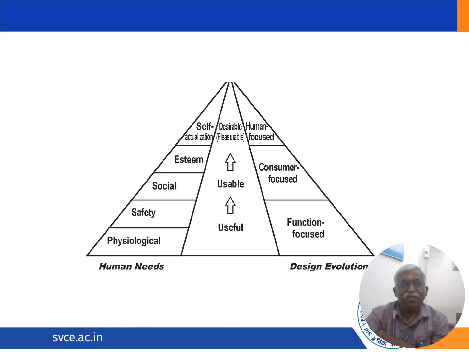Now we have human needs. Here we have a design evaluation. The human needs, based on the motivation theory, are psychological, safety, social, self-esteem, self-actualization. These are the motivation side, human need.